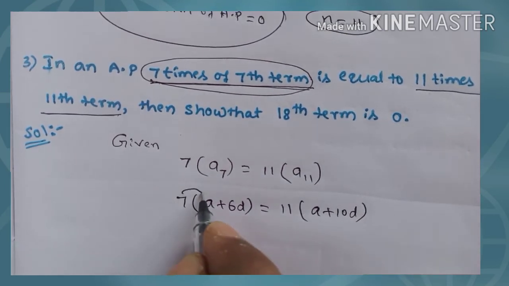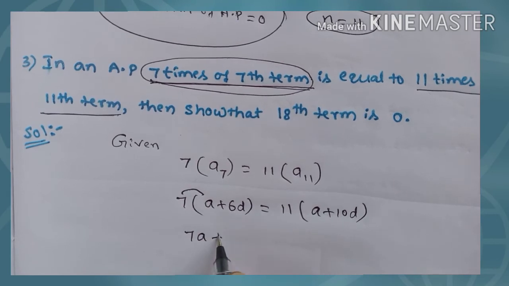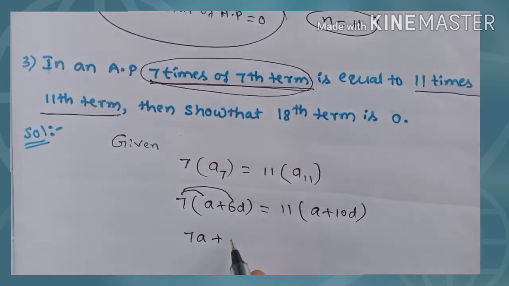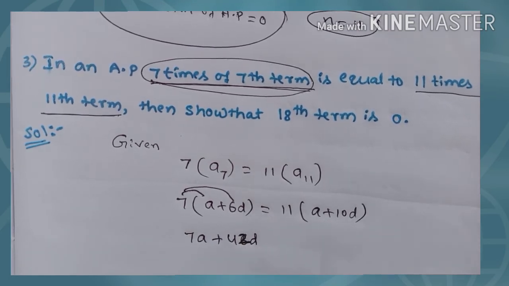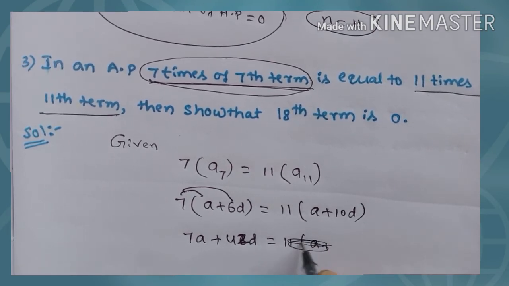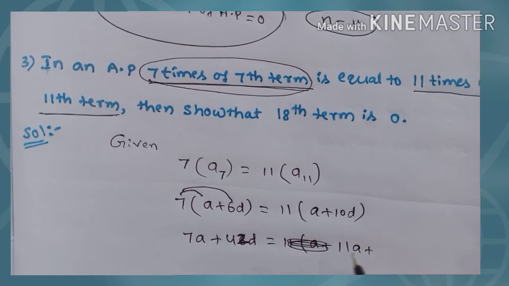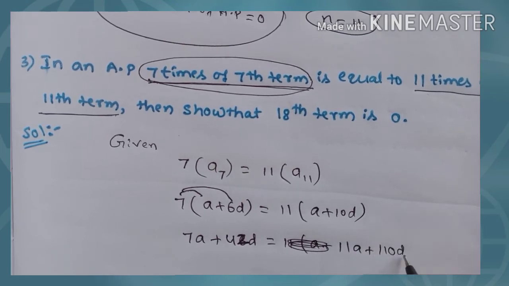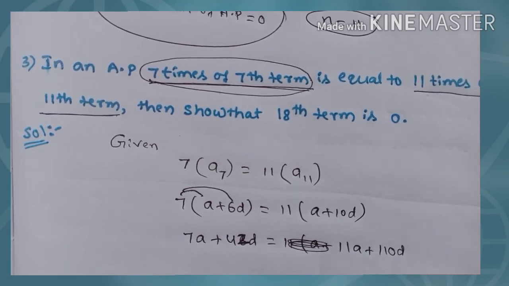Okay, now 7 into A is equal to 7A, and 7 sixes are 42D, is equal to 11 into A, so 11A, plus 11 tens are 110D. Here 7A, here 11A.